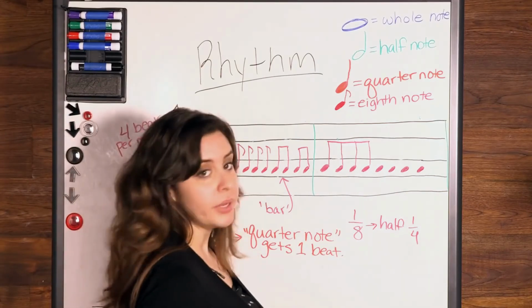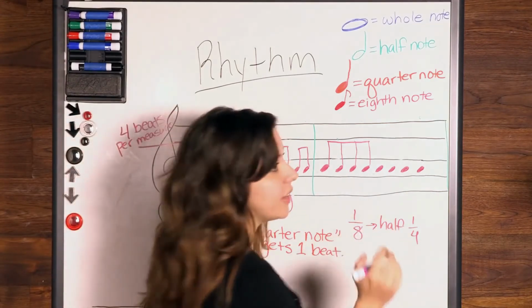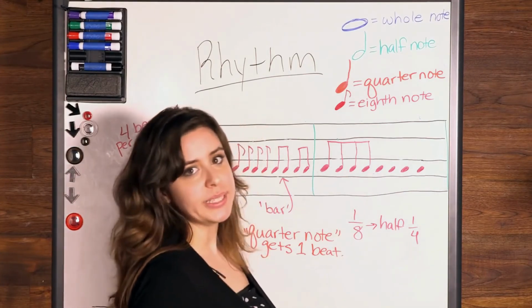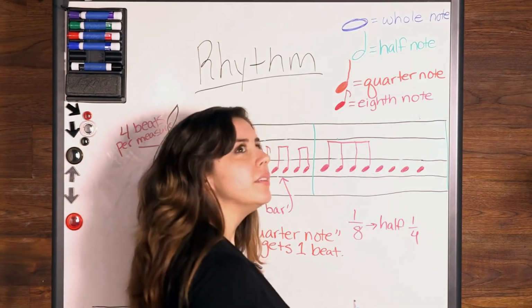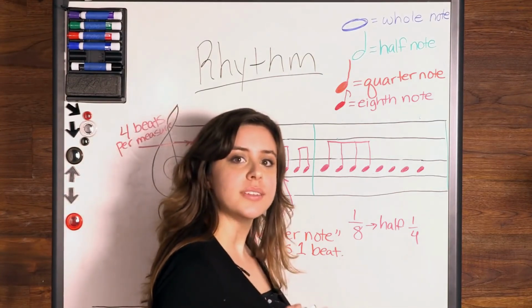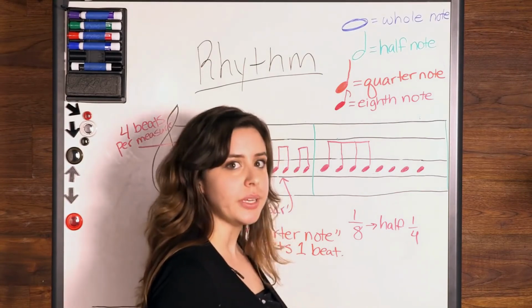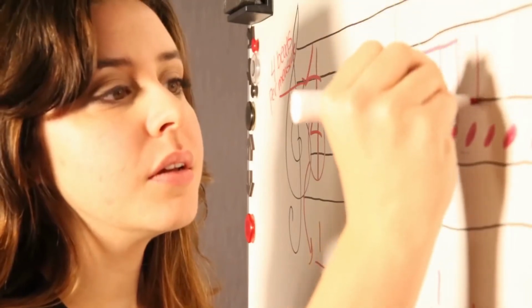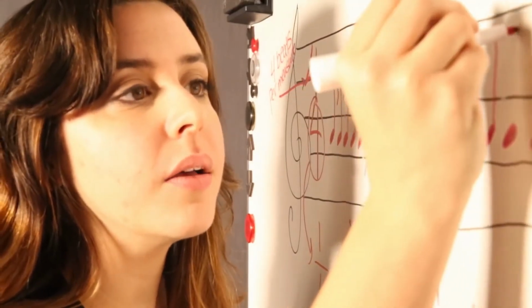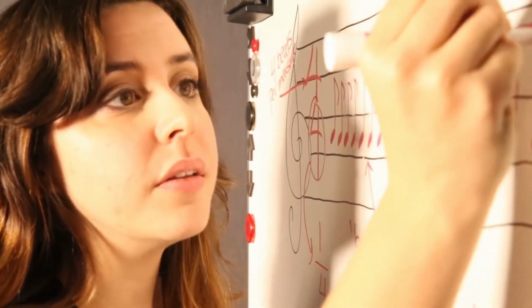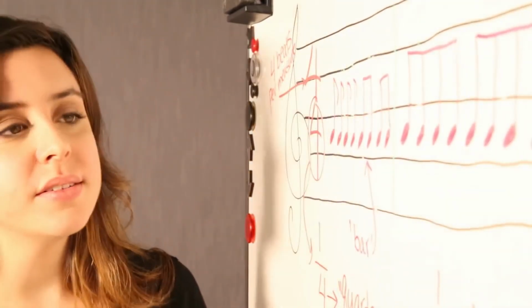Not 5, not 3, not any other, because that means something completely different. Kind of like where you decide to put an apostrophe in a word or in a sentence can completely change the meaning of what you're trying to say. And in that way, music theory is a bit of a language that takes a bit of practice to learn.